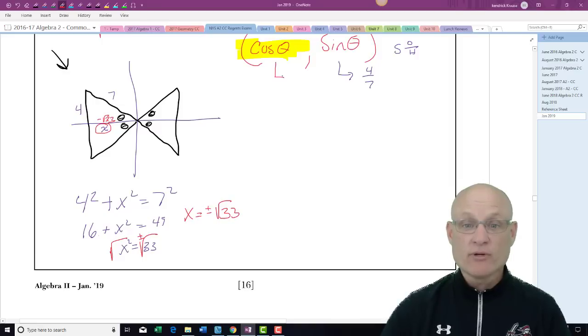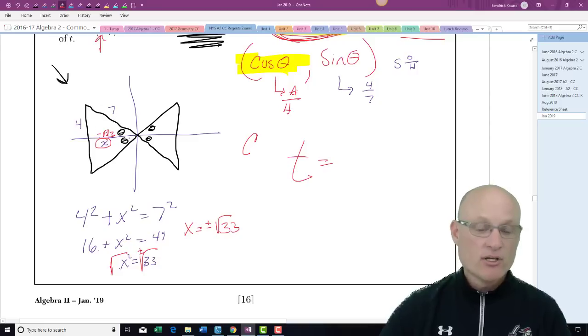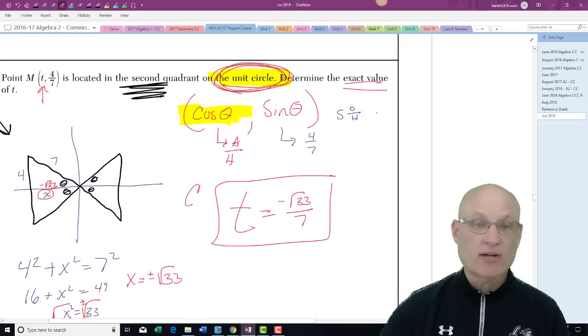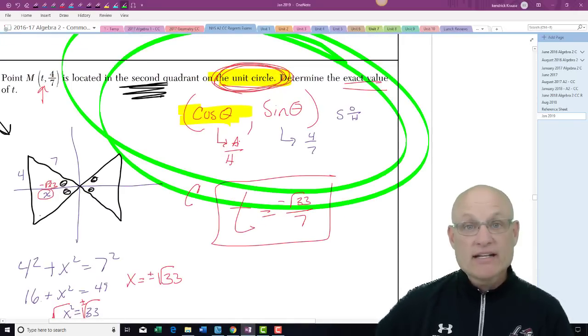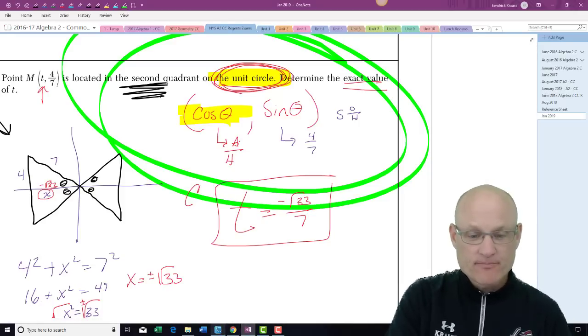And cosine, we know, is adjacent over hypotenuse. So this t value has to equal adjacent over hypotenuse, negative radical 33 over 7. And really they were testing this simple fact right here, that when you have a unit circle, x is the cosine and y is the sine. And then it's not a bad problem, just right triangles.